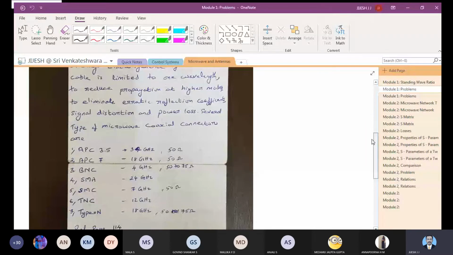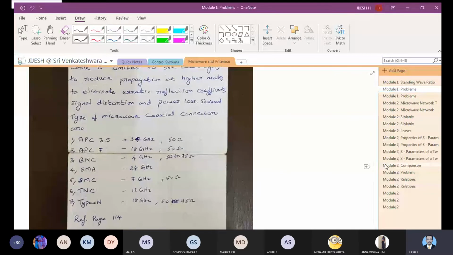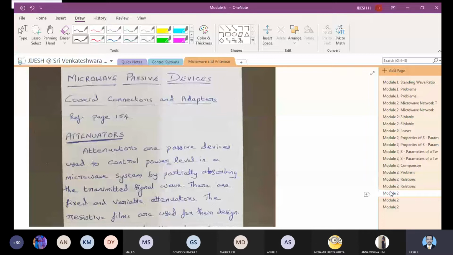This is the same coaxial connectors we discussed, but for all these connectors you have to draw the figure and discuss in module 2. So you make a note of it and try to make a half-page answer for coaxial connectors and adapters, how these connectors look like, and what they are.